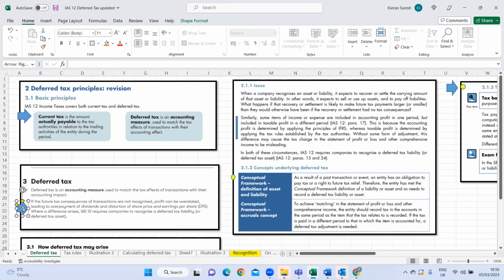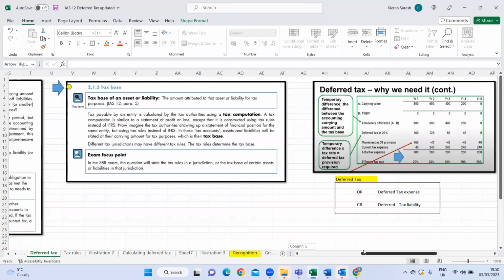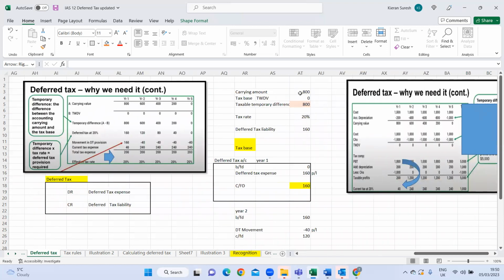I'll take this example here. On my books, I have declared 800 worth of asset, and I did not put any deferred tax. So what's going to happen? I know in future I'm going to make some profits, but those profits would be subject to tax. Those profits would face tax liabilities.